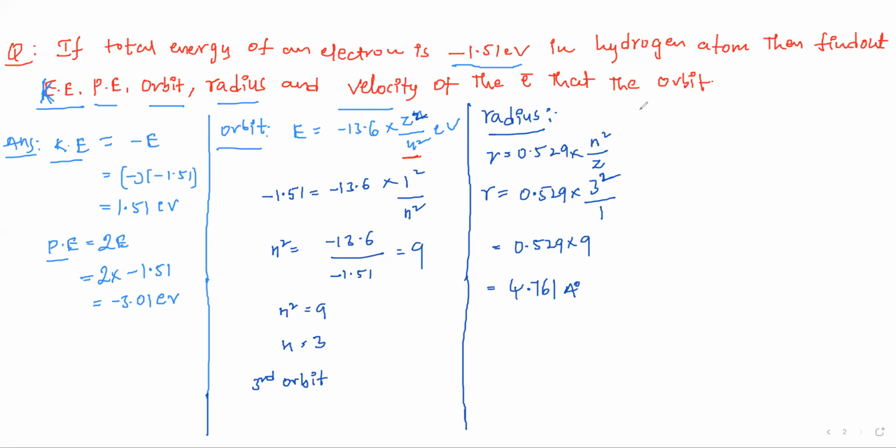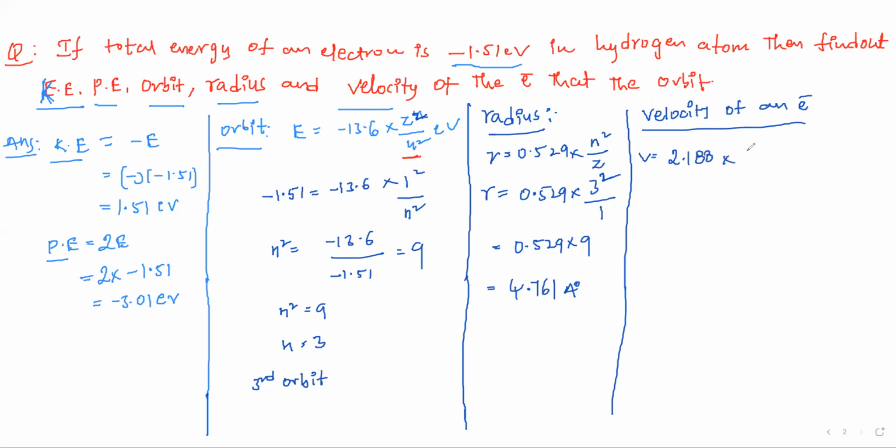The next is the velocity of an electron. What is its formula? I am taking it in centimeters. Velocity equals 2.188 into 10 to the power of 8 into Z by N, in centimeters per second. If you take meters per second, 10 to the power of 6 will be taken, no problem.